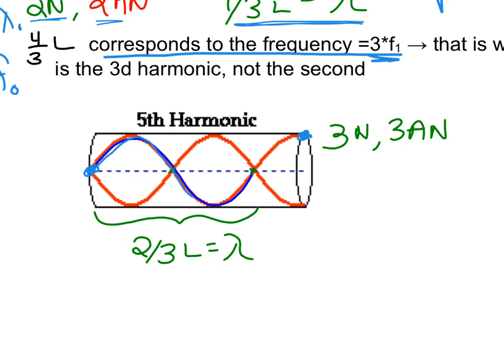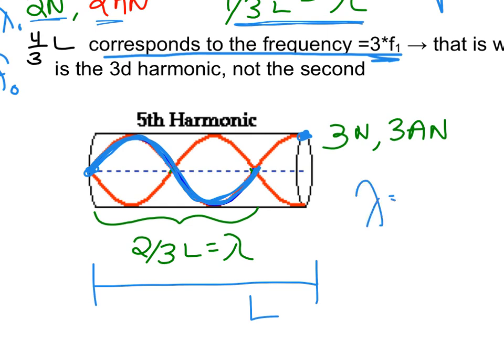So here's our wave. That's one full wave there. So if I want to relate my tube length to my wavelength, the whole thing has a length of L, then that wavelength looks to me like it's about, let's see, I like to split this thing up into quarters. 1, 2, 3, 4, 5.